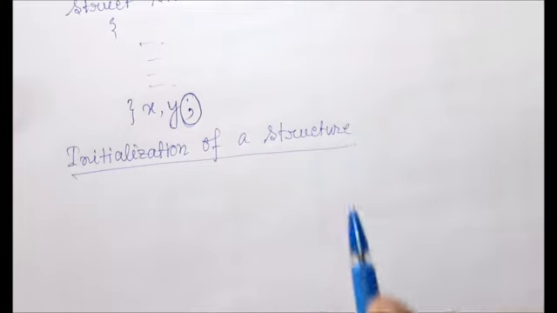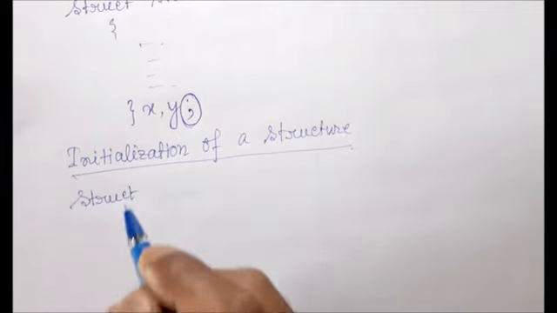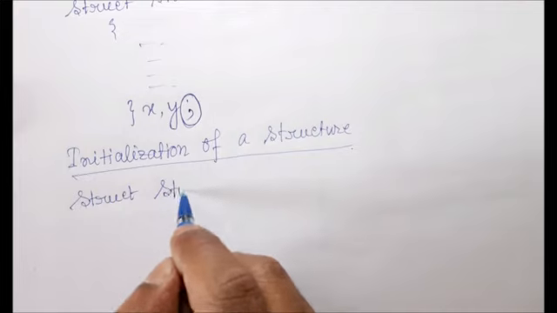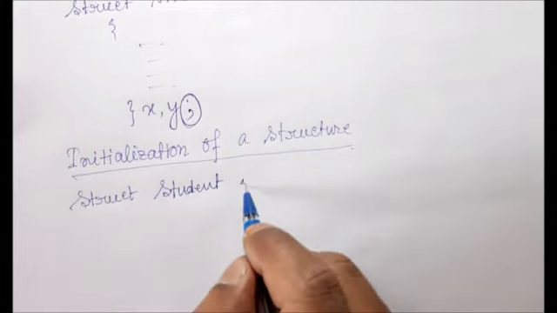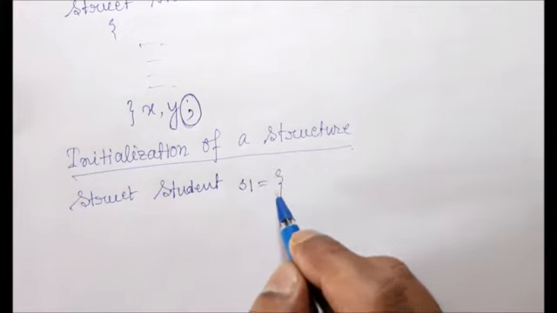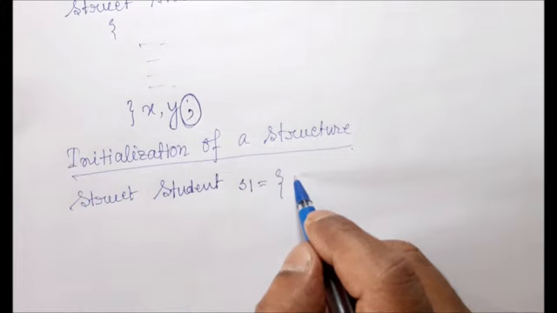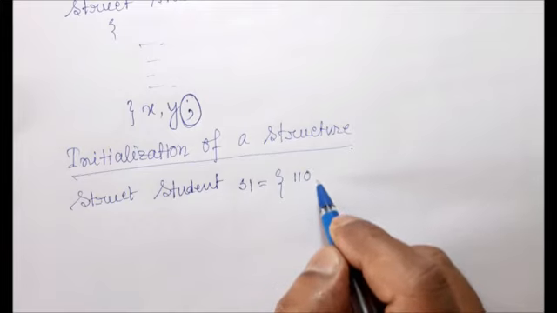If you want to initialize directly, we can use struct, then the structure name student, then the structure variable name, for example s1. I want to put the registration number, for example 110, this is my registration number, an integer.